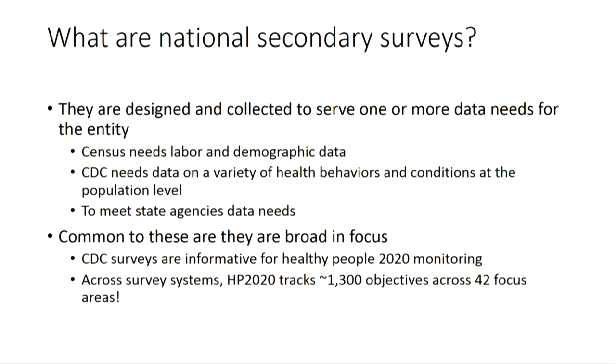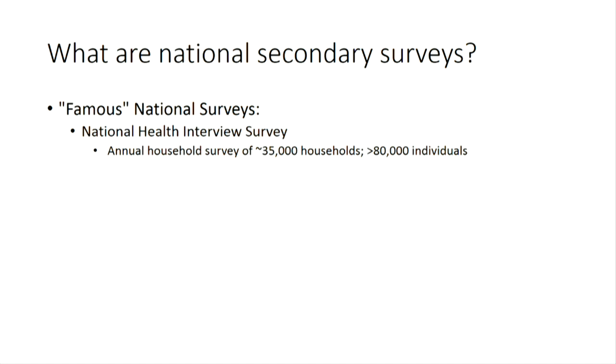And there are a lot of objectives, about 1,300 objectives across 40 or so focus areas. And so you can see that you can't design just one survey to measure health indicators on so many objectives across so many focus areas. So you need a lot of different surveys that reach different types of populations for different types of health indicators.